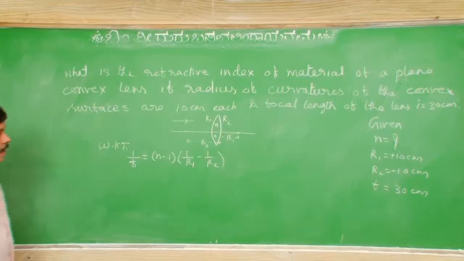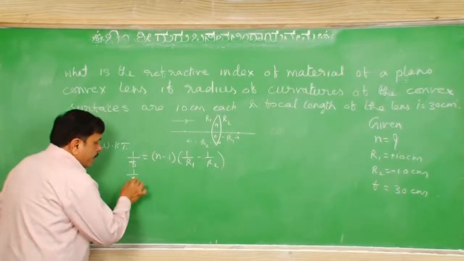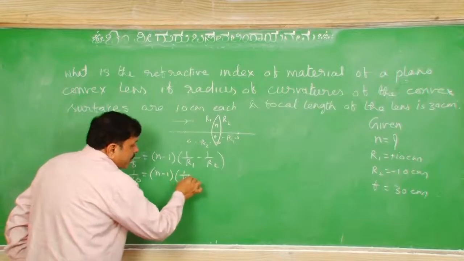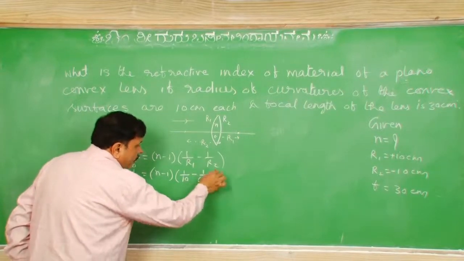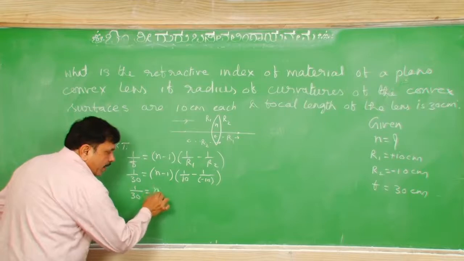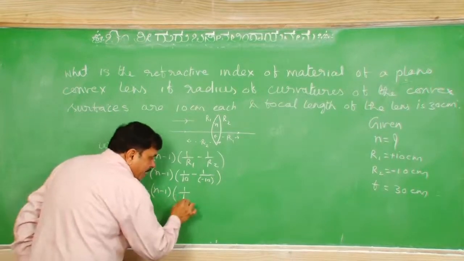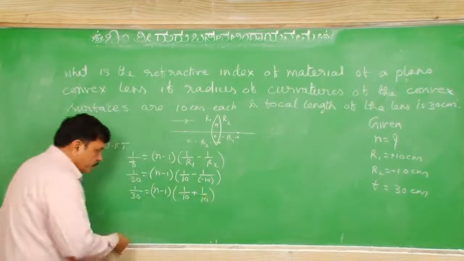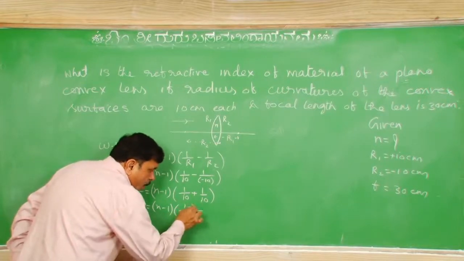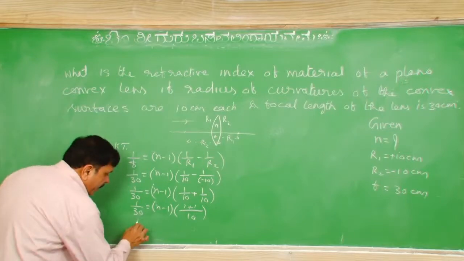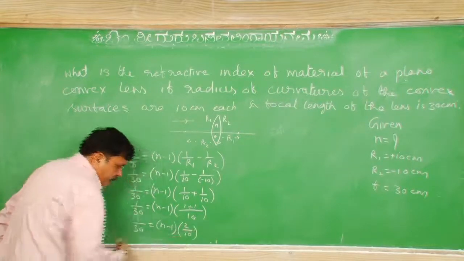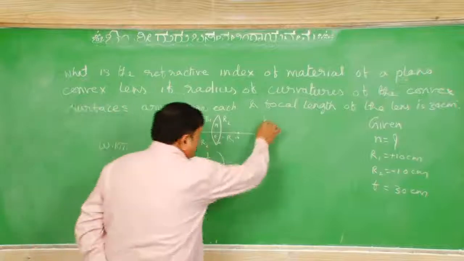This becomes 1 by 30 equal to (n minus 1) times (1 by 10 minus 1 by minus 10). Now it becomes 1 by 30 equal to (n minus 1) times (1 by 10 plus 1 by 10). With 10 as the LCM, 1 plus 1 is 2, so 1 by 30 equal to (n minus 1) times 2 by 10.